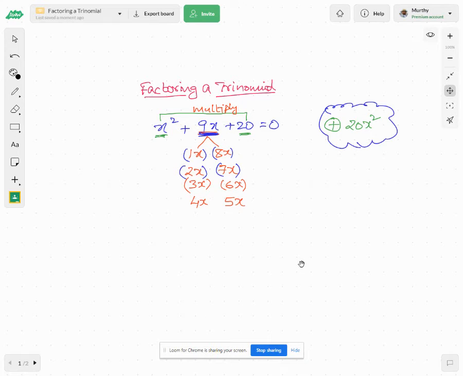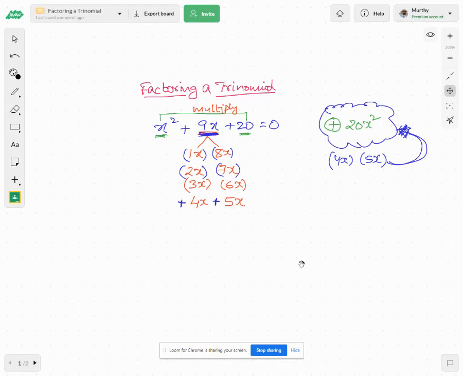Now if I take 4x and 5x, the sum is 4x plus 5x equals 9x. And when I multiply these two, 4x times 5x, 4 times 5 gives me 20, x times x is x square. So that is matching. Therefore, this is the combination I am looking for.